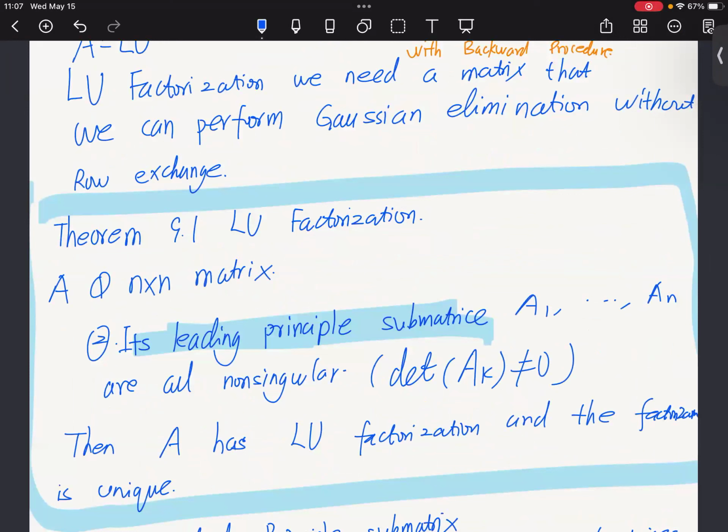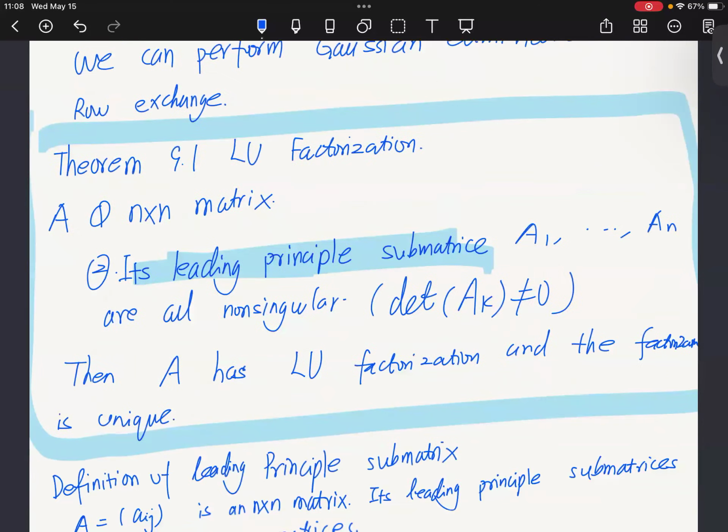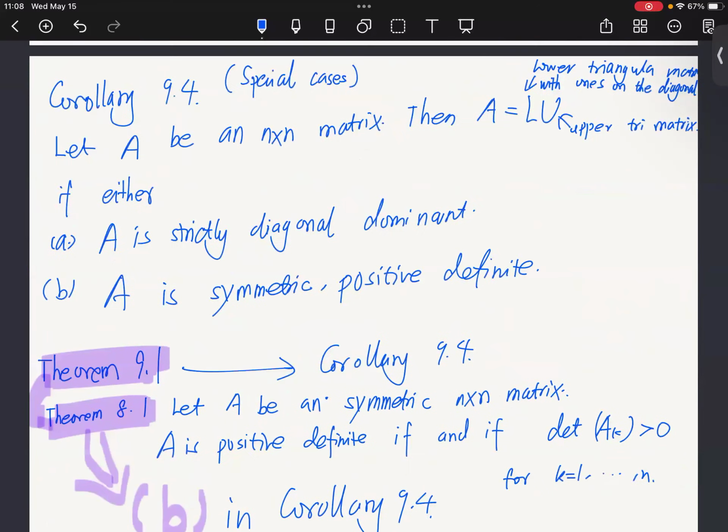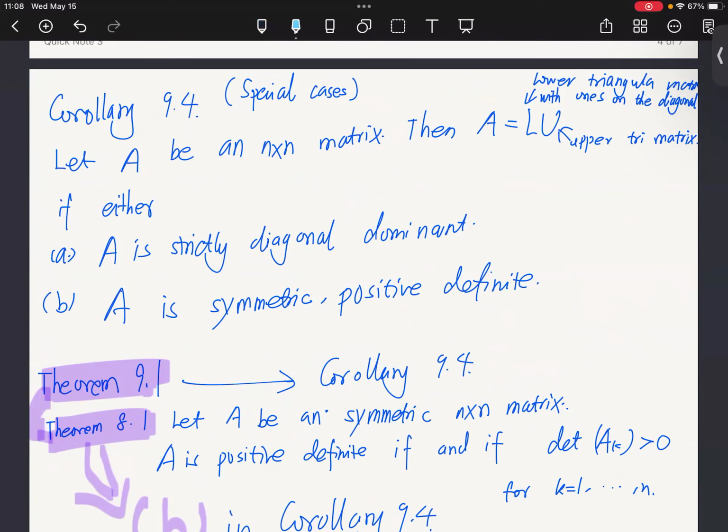The LU factorization can be applied to a matrix whose leading principal submatrices are all non-singular. This is the most general version. And for some particular cases we have mentioned here, we also give some definitions. The first special case is strictly diagonally dominant, and the second special case is symmetric positive definite.